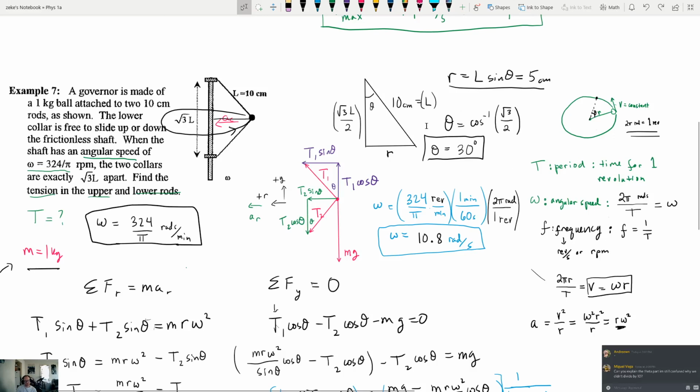Which, this part right here? Oh, this part. Yeah, sure. I left out a step. The angle theta is the arc cosine of this side over this side. So really what I did was arc cosine of root 3 L over 2 divided by L. The L's canceled.